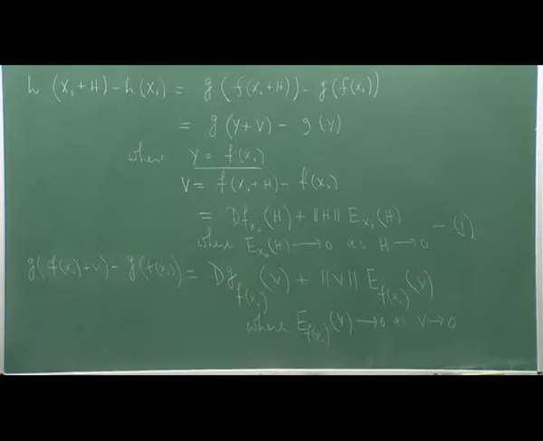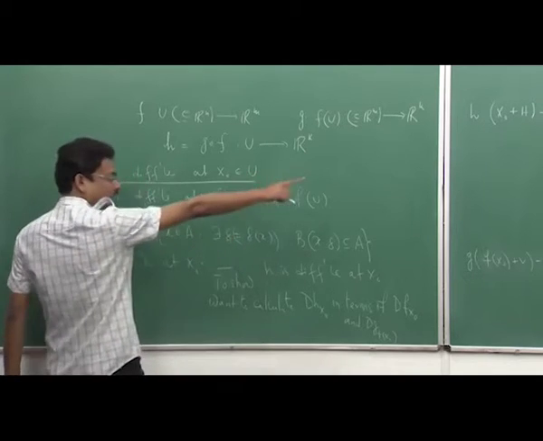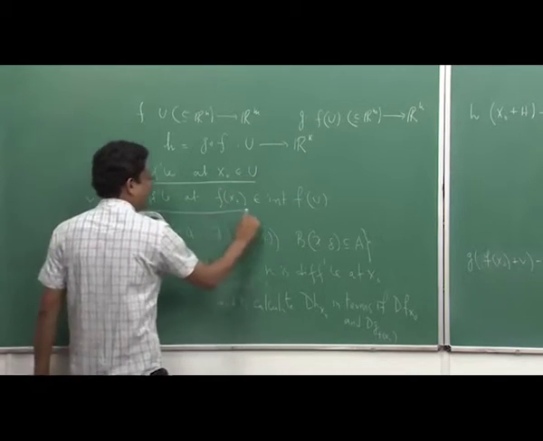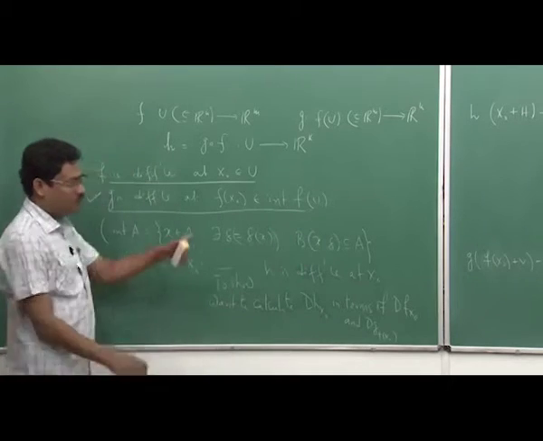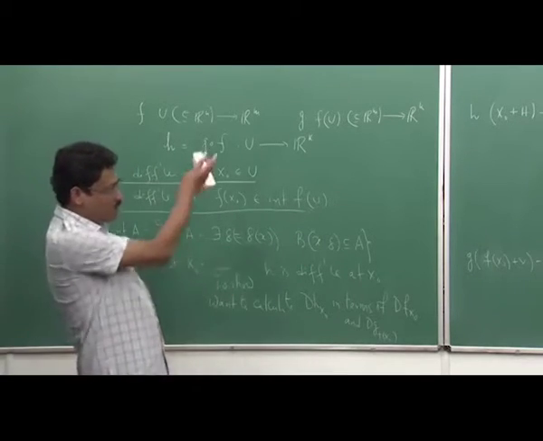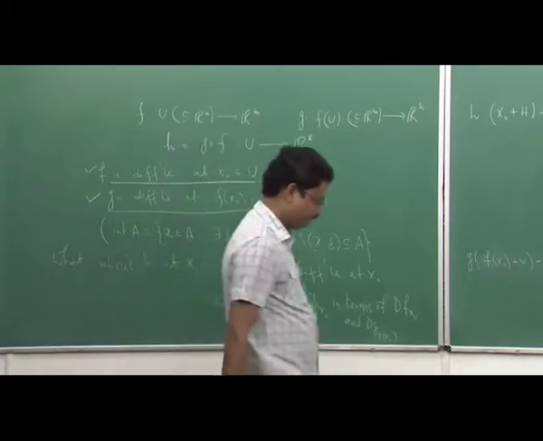Let us number it 2. So far I have just used my assumptions: f is differentiable at x naught, that gives me 1, and g is differentiable at f of x naught, that gives me 2. Then I will put it together in the definition of h.